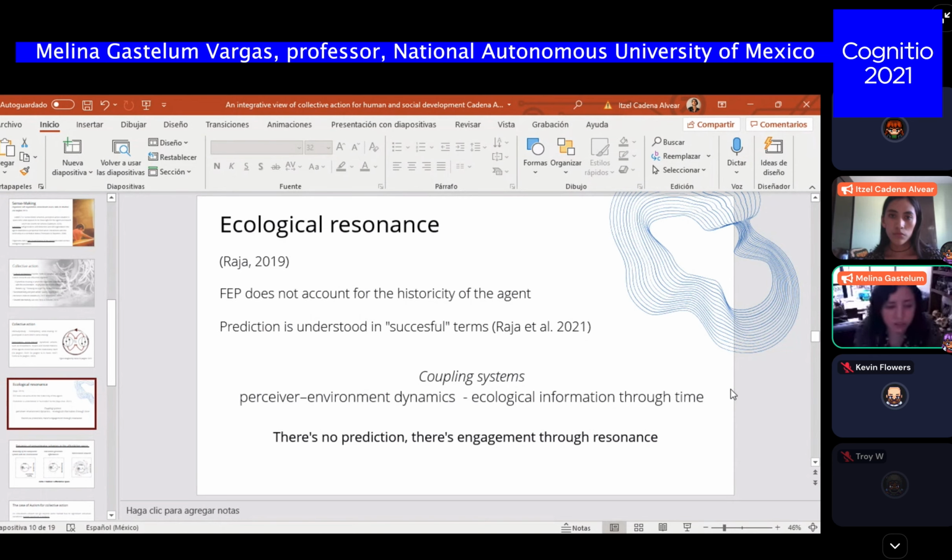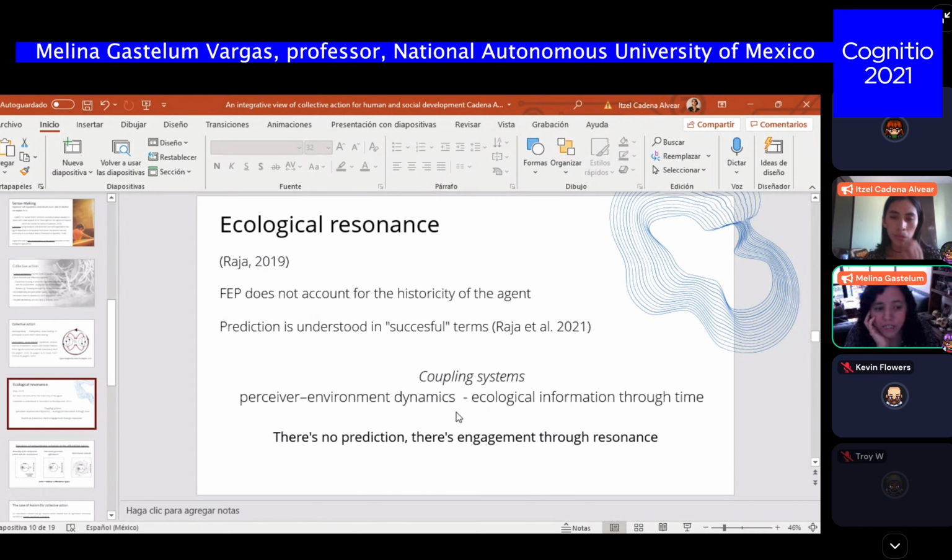Furthermore, trying to find a way that covers the whole interaction of the agent-environment system in constant and changing interactions, a physical model we think can explain this proposal could be found in ecological resonance. This ecological resonance is the activity of the perceiver in her environment, the perceiver-environment dynamics, and how it generates perceptual information that subsequently constrains the dynamics of perceptual systems.